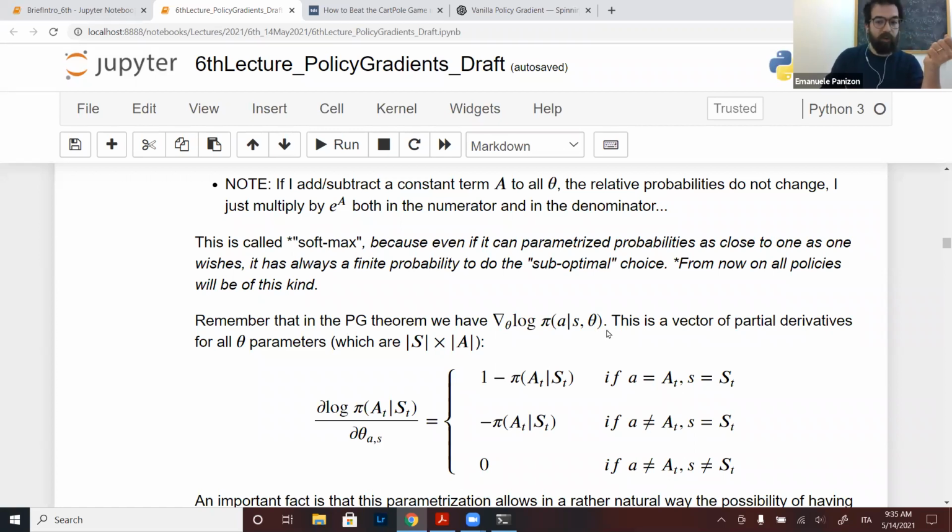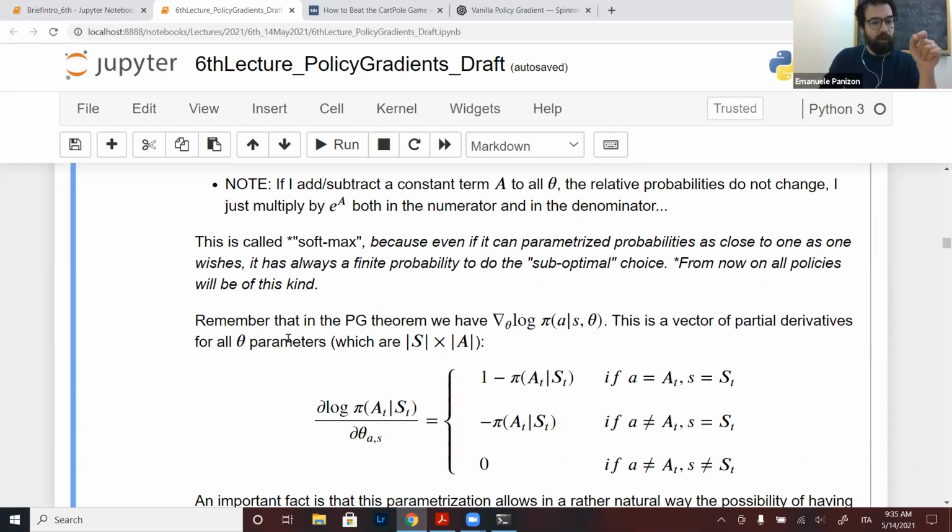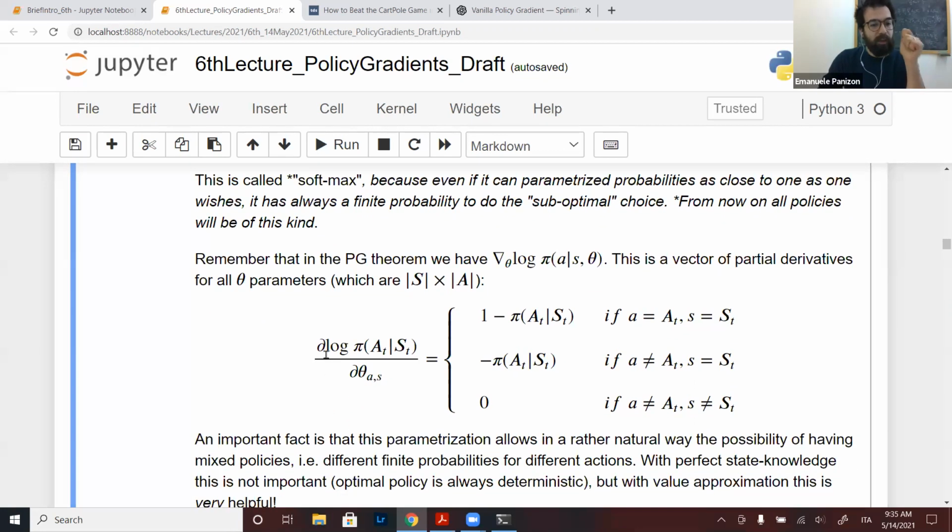for this softmax policy. So nabla theta is a vector of partial derivatives, a vector because for each term I have the partial derivative with respect to one parameter, and I have many parameters for each state and action. So what is the derivative of the logarithm of the policy given an action and a state with respect to the parameters of a given action A and a given state S?